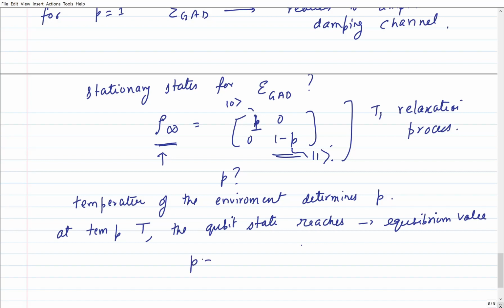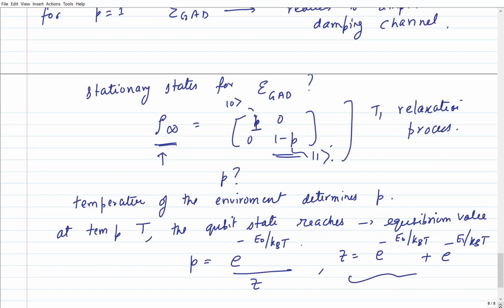Which is basically where Z is this guy, and this is called the Boltzmann distribution, where the population of every energy level is weighed by this particular factor.